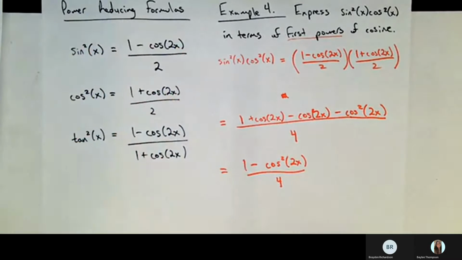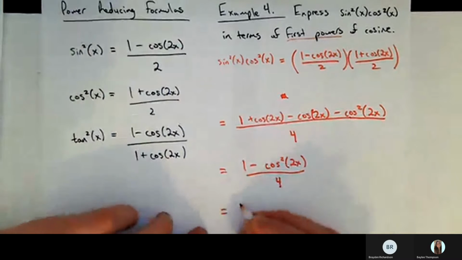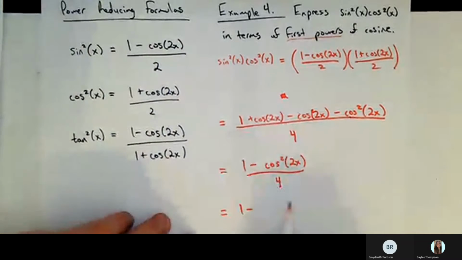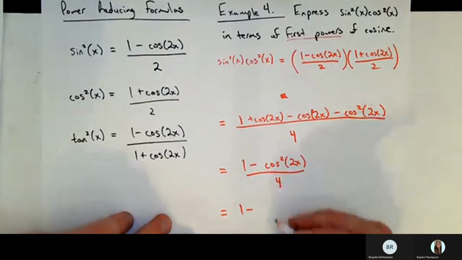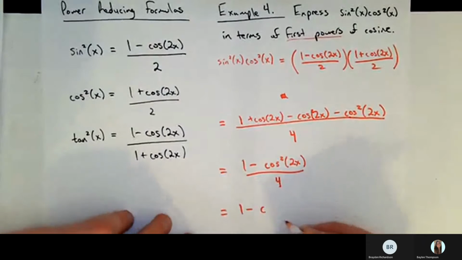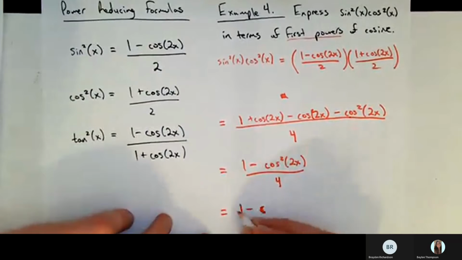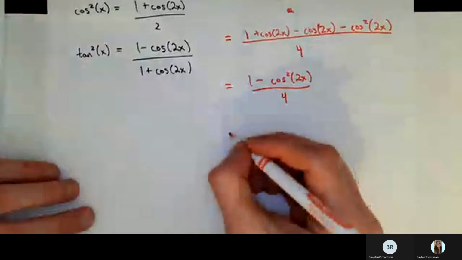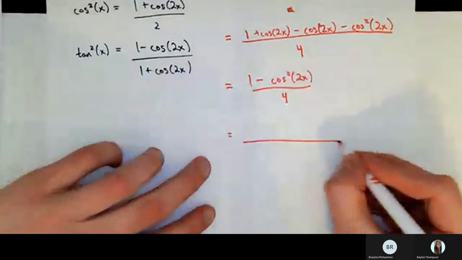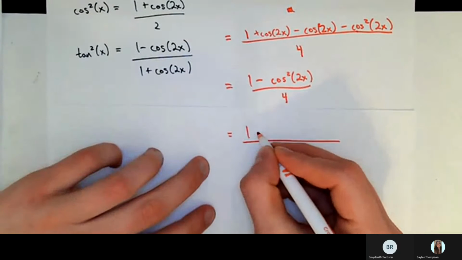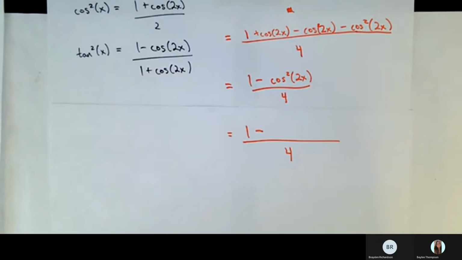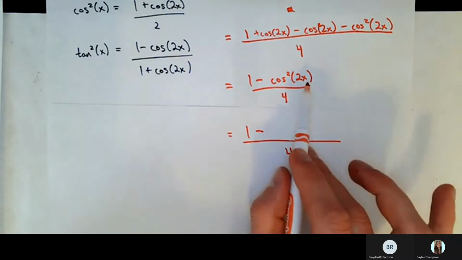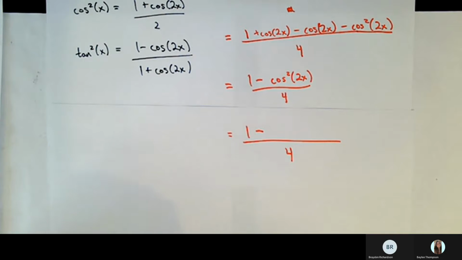So here, when I use the power reduction formula on this thing, where the input is 2x, I'm going to have to double this input again.